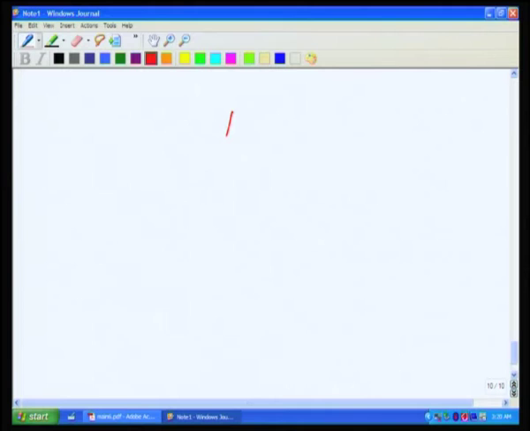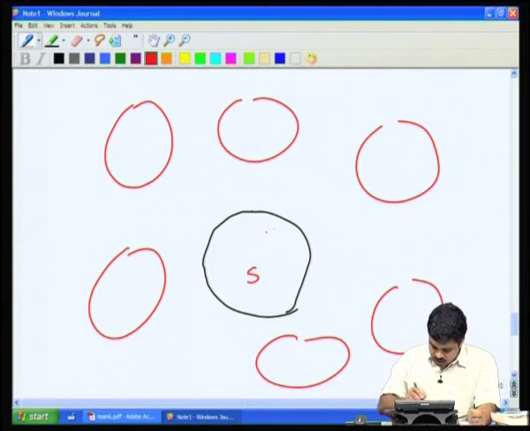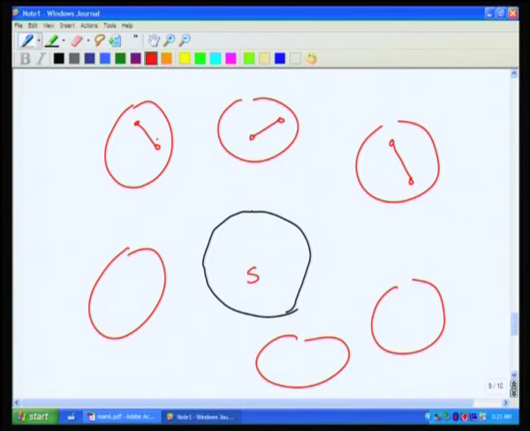For any M, I can put two kinds of edges. Some edges are like this. For instance, they can have both the endpoints in a component. So it can be like this, or it can be like this, right? Both the endpoints can be inside a component.